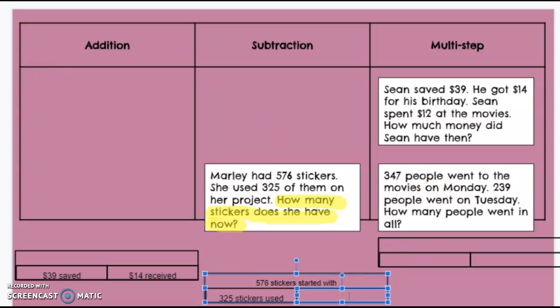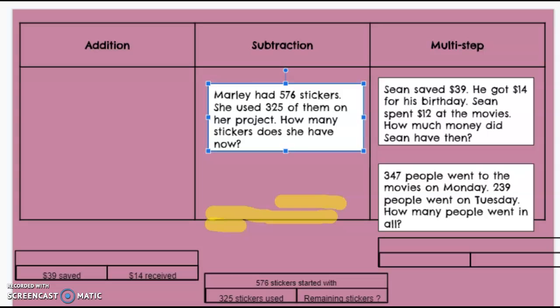This is how many are left. That is my question: how many does she have now? If I have a total and one part, I'm going to be subtracting.